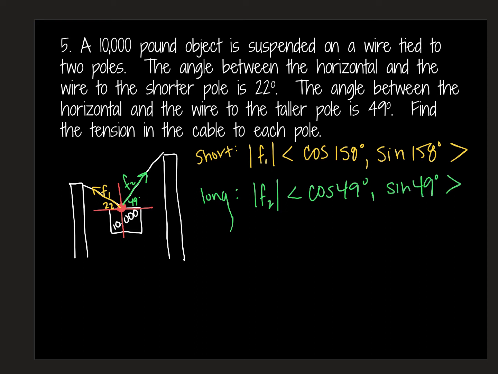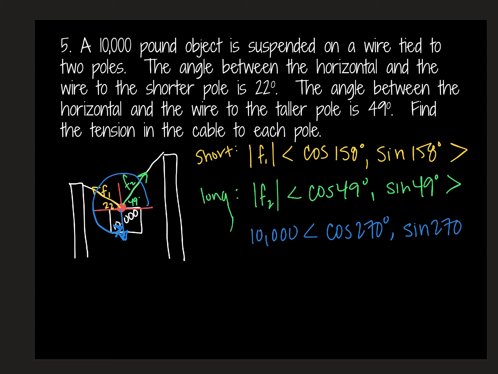And then our third vector, the third force, is actually gravity acting on this heavy object. That is a magnitude of 10,000 acting at an angle of 270.